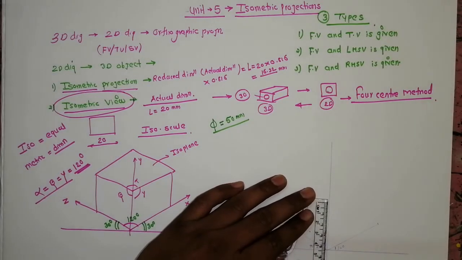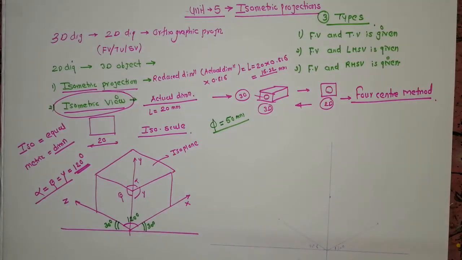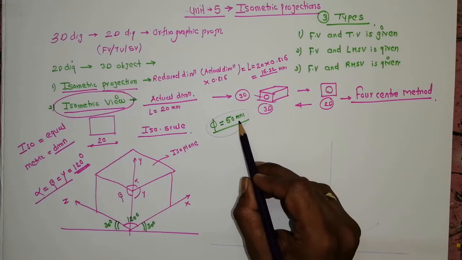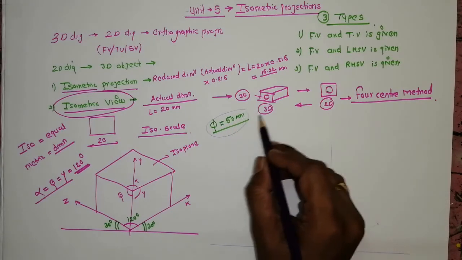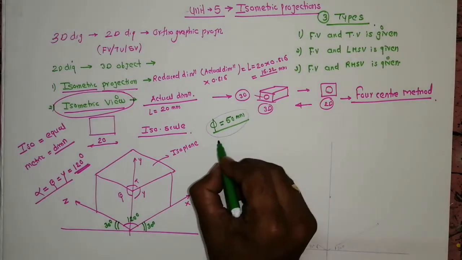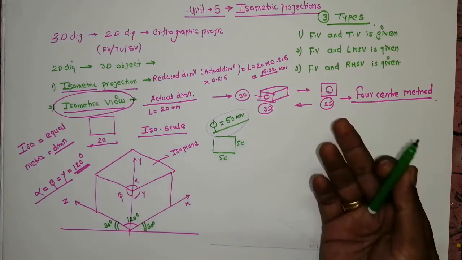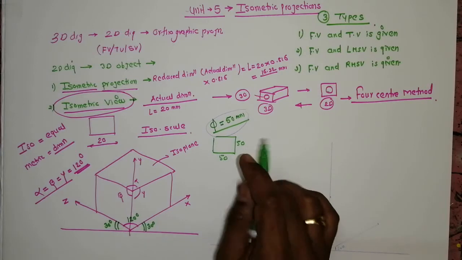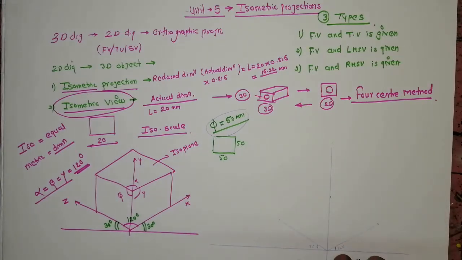The height also we will take as 50 by 50. Suppose the question is we have to construct the circle of 50 mm diameter. So while converting it, we have to first make a square of 50 by 50, or whatever the diameter of the circle. If the circle is of diameter 60, then we have to prepare a square of 60 by 60. Now when we prepare this square on the 30 degree inclined line, it comes out to be a rhombus.